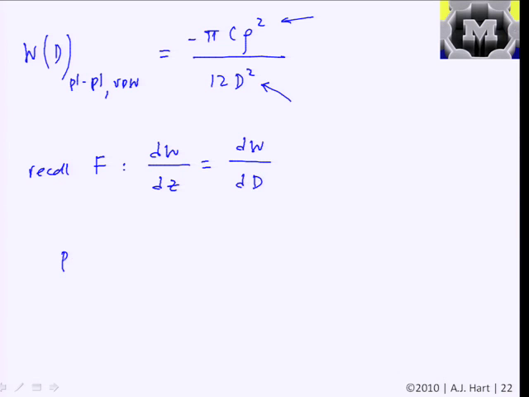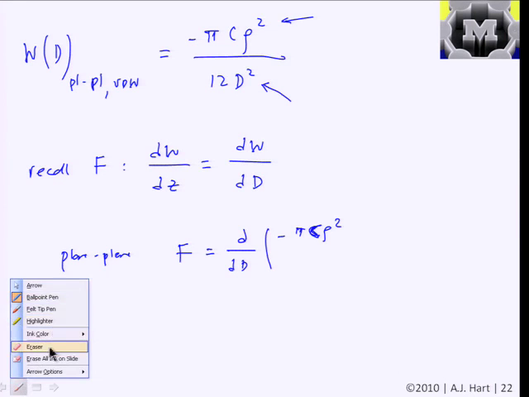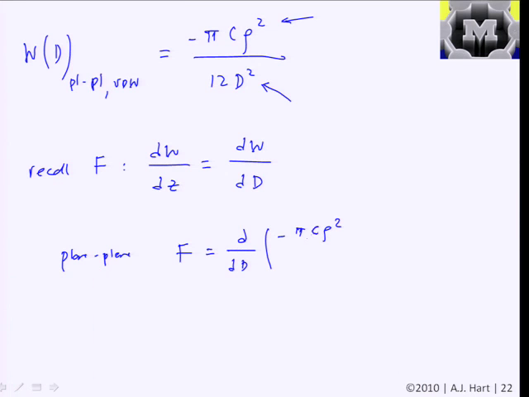Then, for the case of a plane and a plane, the force is just d/dD of minus pi C rho squared divided by 12 D squared, which would be minus pi C rho squared divided by 6 D cubed. So we get an increase in the exponent once when we consider the force.